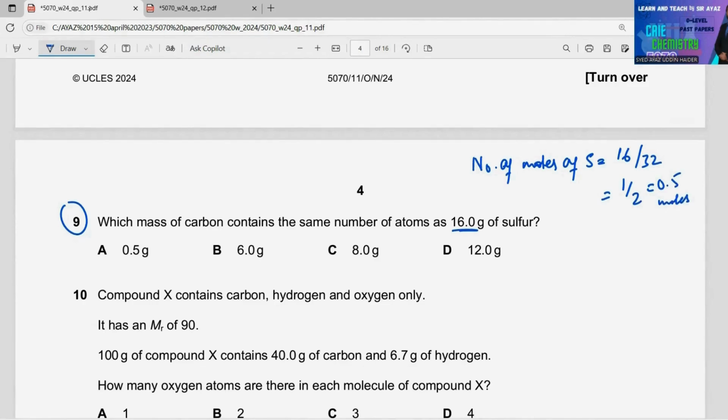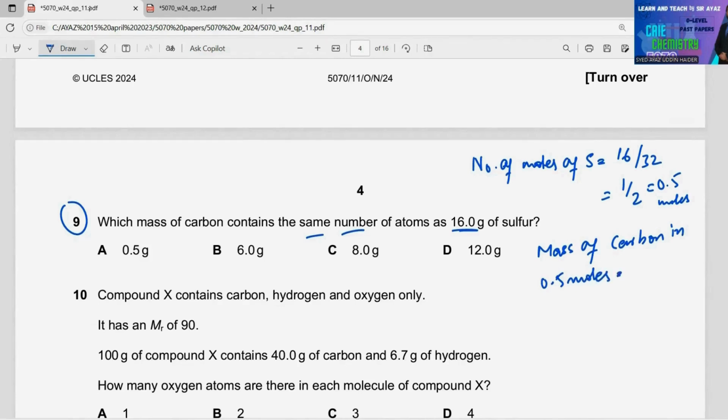So for the carbon, it must be 0.5 moles that contain the same number of atoms. So 0.5 moles of carbon means, what is the mass of carbon in 0.5 moles?